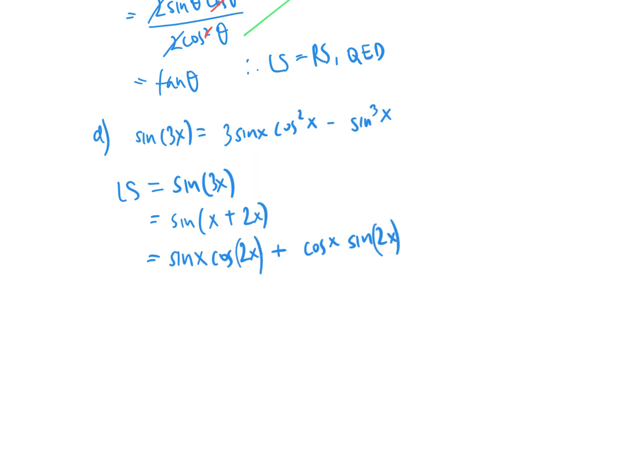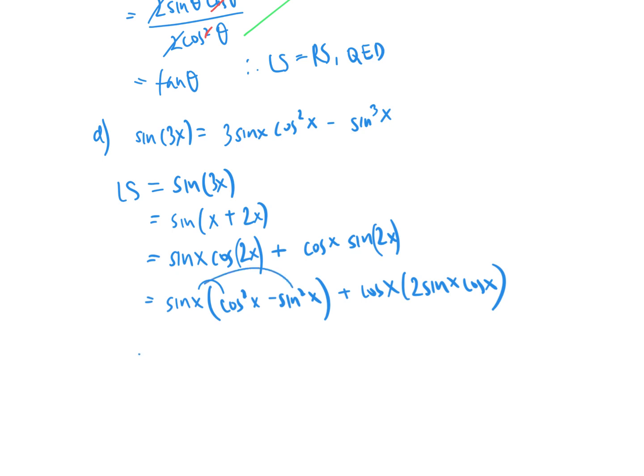And now I have two double angle formulas to replace. So instead of cos of 2x, I'll write cos squared x minus sine squared x. And then instead of sine of 2x, I'll write 2 sine x cos x. And let's clean this up and see what happens.